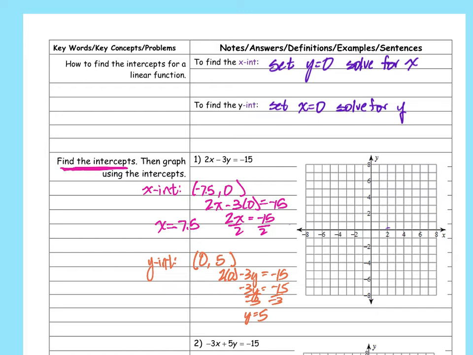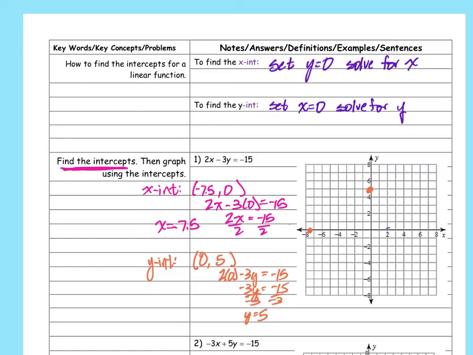To graph them, I just plot them on my graph. So I go to negative 7.5, which is halfway between negative 7 and negative 8. There we go. And then 0, 5 is here. And then really we have 2 points.